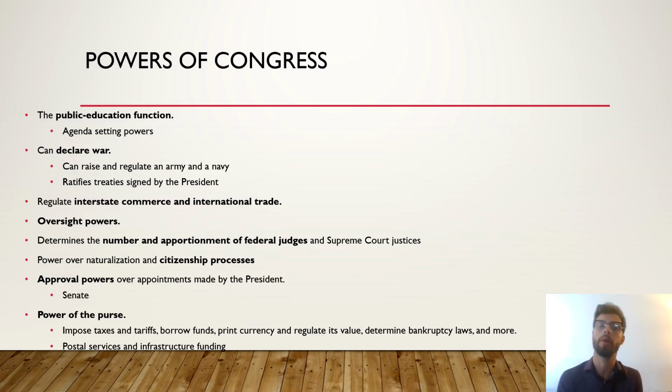Then we also examine their ability to declare war. Although we have not had Congress officially declare war since World War II, it is also worth noting that they have expanded congressional powers and oversight over war, specifically over the powers of the president, through the War Powers Resolution of 1973, which requires notification to Congress within 48 hours of presidential deployment of troops.